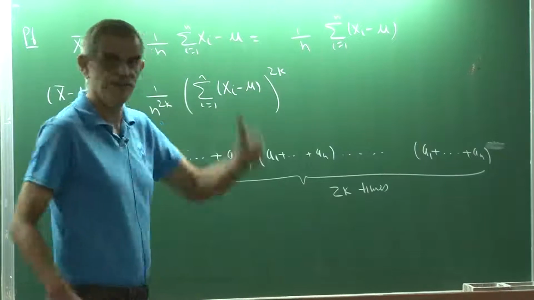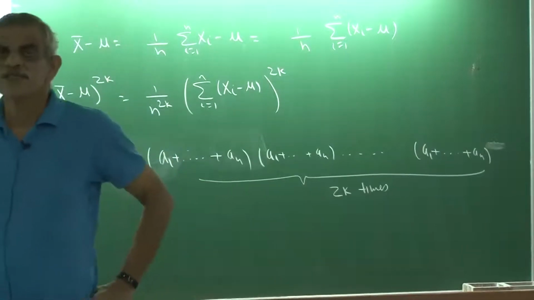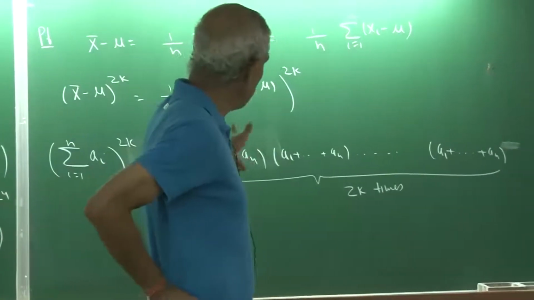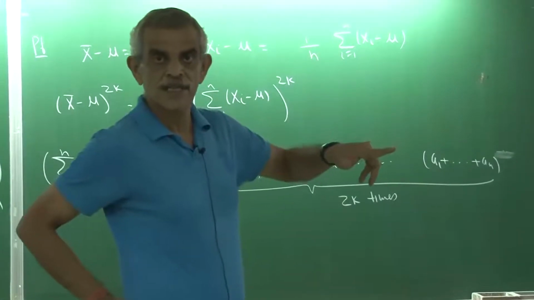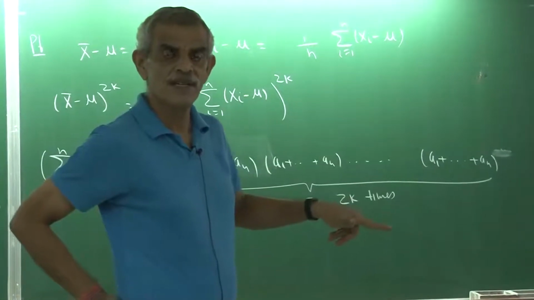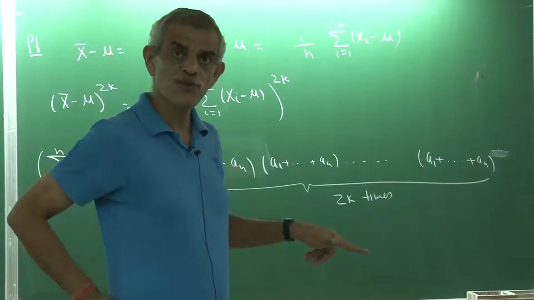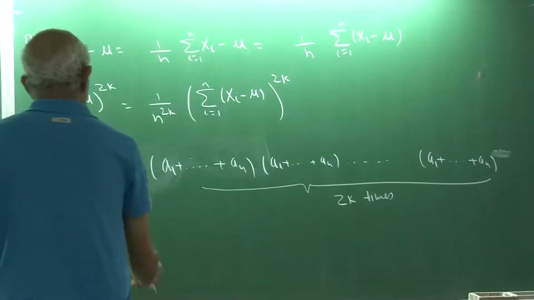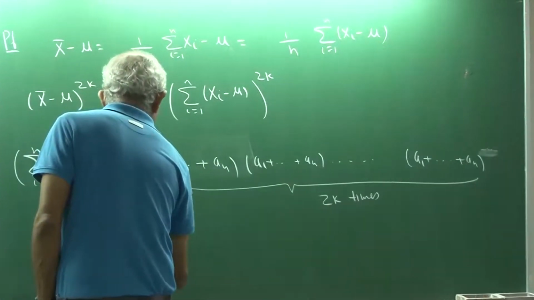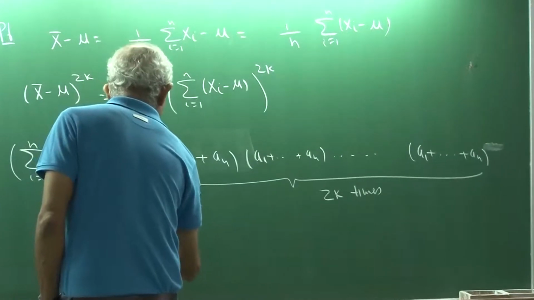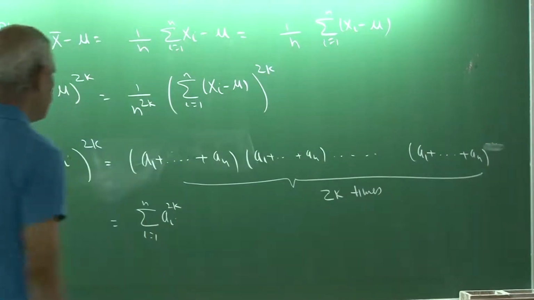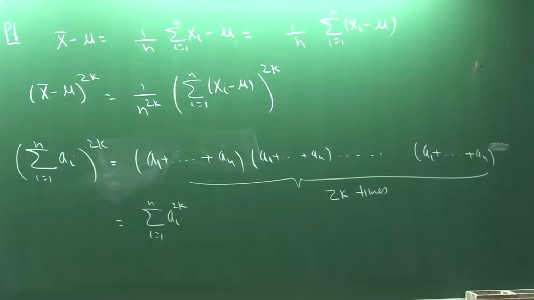That means a1 comes from each of them, so a1 would have power 2k. So this would have terms of the type ai to power 2k.